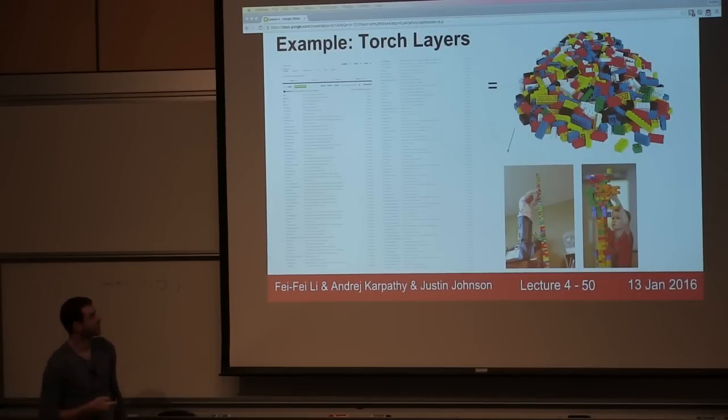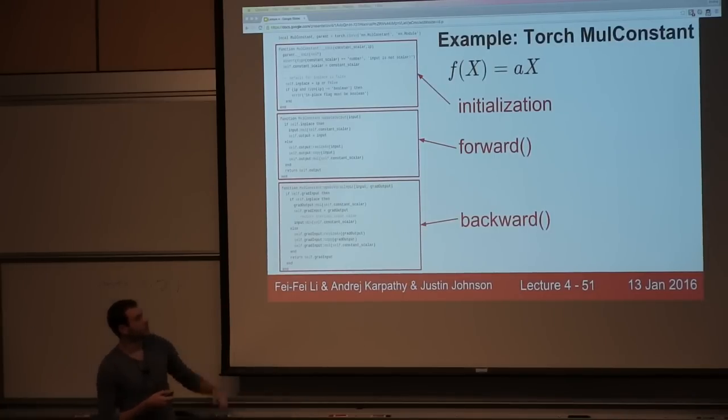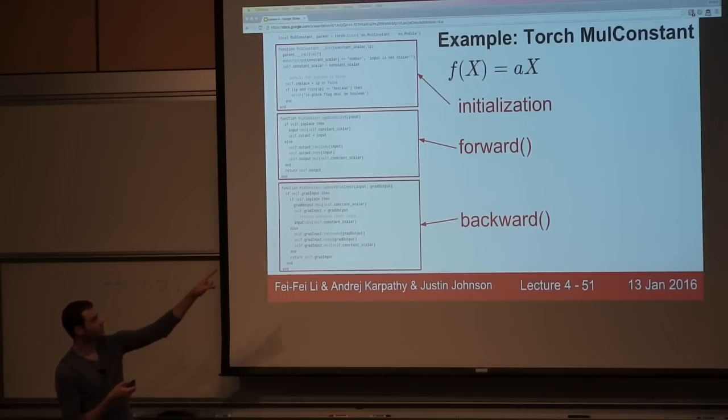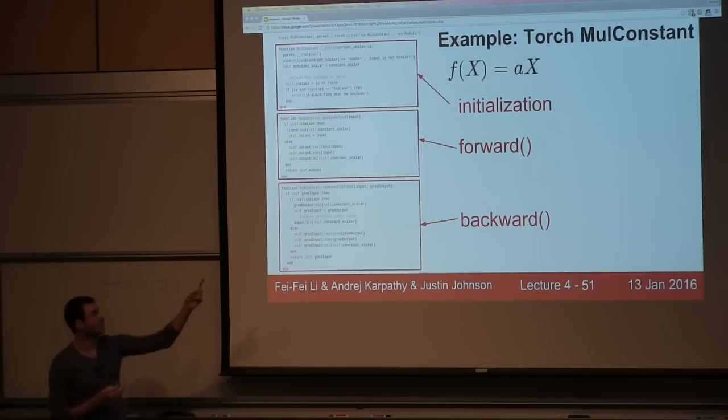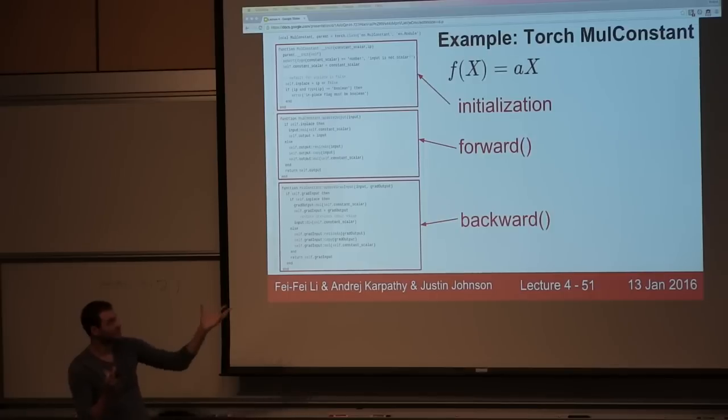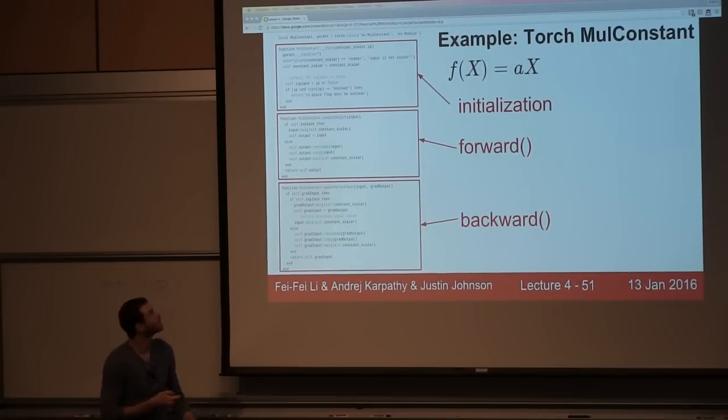So with a specific example, let's look at the MulConstant layer in Torch. The MulConstant layer performs just a scaling by a scalar. It takes some tensor x. This is not just a scalar, but an array of numbers, because when we actually work with these, we do a lot of vectorized operations. So we receive a tensor, which is really just an n-dimensional array, and we scale it by a constant.